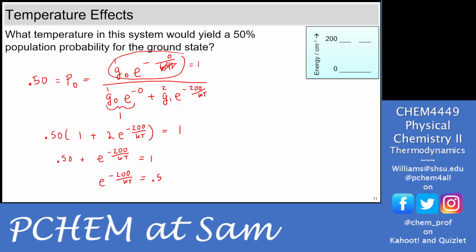Somebody follow that so far? Okay. And now we can take the natural log of both sides to get rid of the exponential. So we have minus 200, wait, I'll go ahead and do wave numbers here, over kT is equal to the natural log of 0.5.